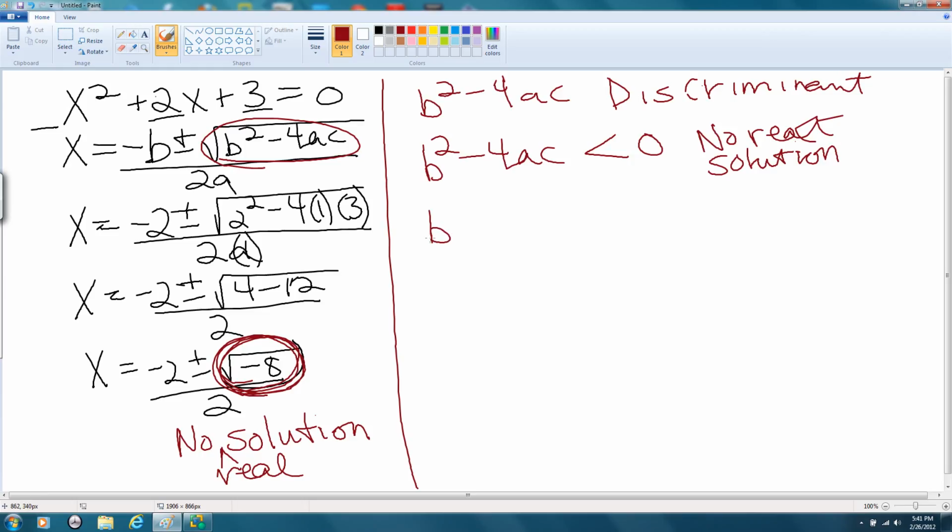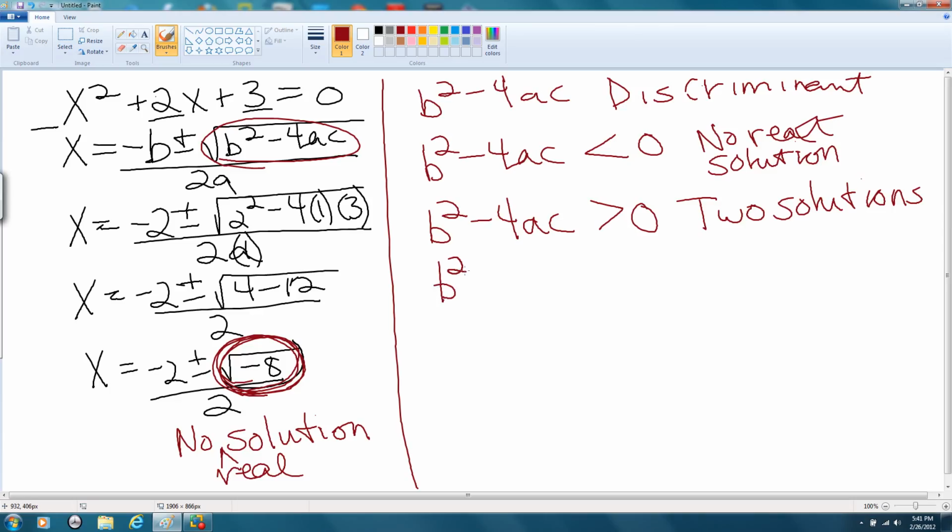If b squared minus 4ac is greater than 0, there will be 2 solutions. And if the discriminant, b squared minus 4ac, is equal to 0, there's only one solution.